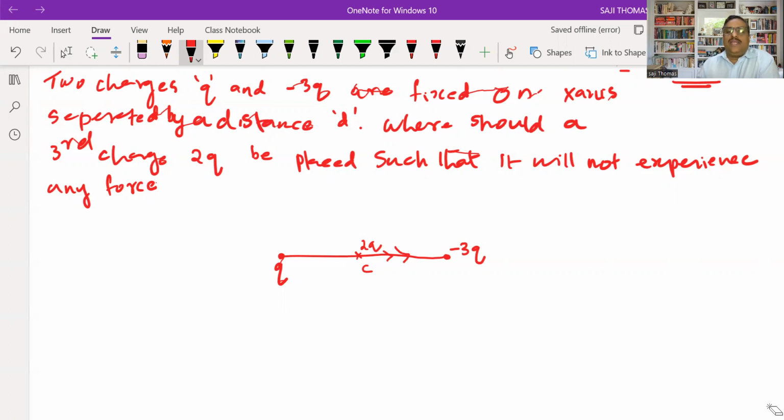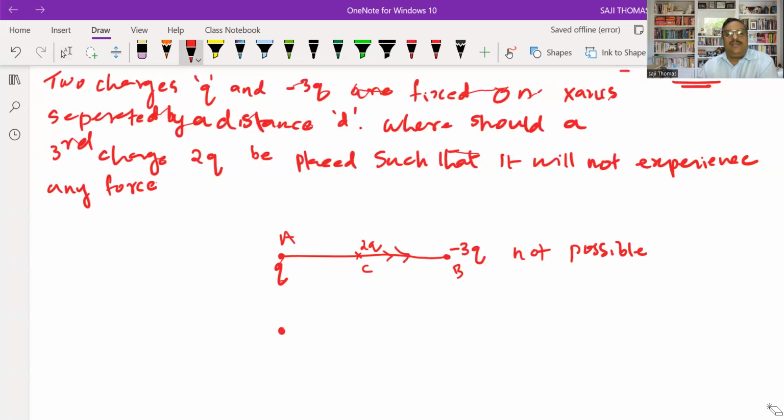So we cannot keep the third charge 2Q between Q and minus 3Q, because the force exerted by charge at A and charge at B will be along the same direction. So this is not possible.